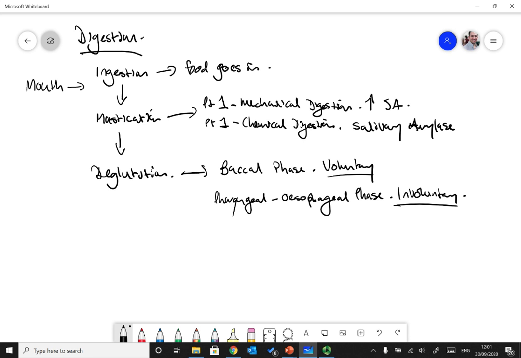So we've got coordinated activity of the tongue, the soft palate, the pharynx, the esophagus, and 22 separate different muscle groups to carry out the two main phases. There is nervous interaction in the second part, which is coordinated all by the medulla and the lower pons.